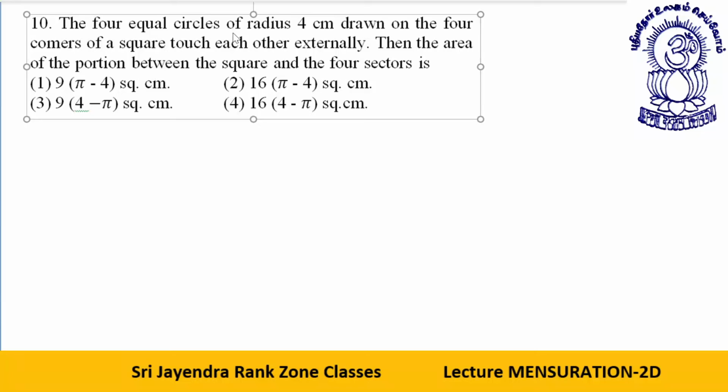The four equal circles of radius 4 centimeter drawn on the four corners of a square touch each other externally. Then the area of the portion between the square and the four sectors is C. We have four equal circles of radius 4 centimeter drawn on the four corners of a square.